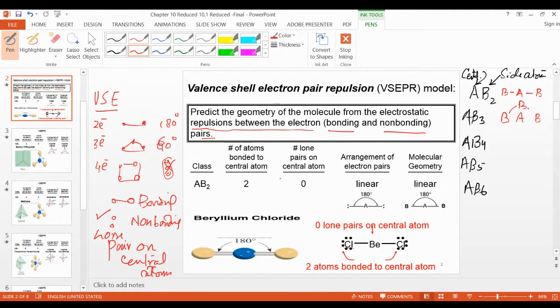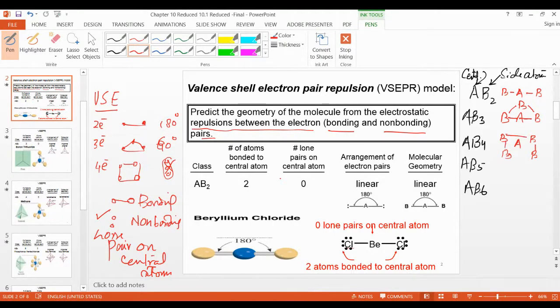We can put this B apart from another B, right? Like the triangle. A. All right.